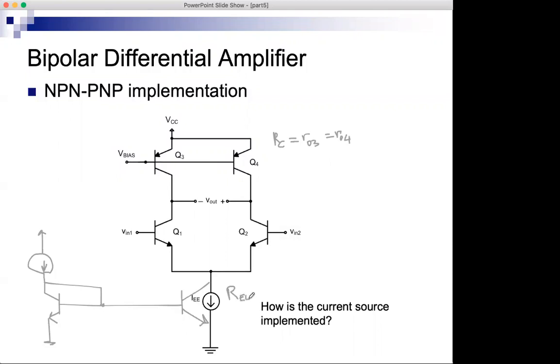The output resistance of the current source. If I implement this using just one BJT like this, let's call this Q5, simply RO5. And then I can use all the formulas from the previous slides. But notice that here I'm taking the output between the two collectors. So that makes ACM 0. Common mode gain will be 0.